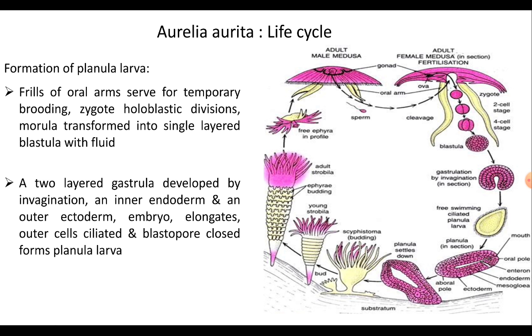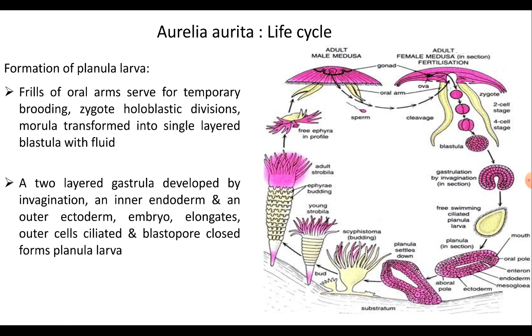Here, each fertilized egg or zygote undergoes early development into a ciliated larval stage called the planula larva, where the zygote undergoes holoblastic and equal cleavage, that is equal division, and it produces a solid ball-like structure called the morula.